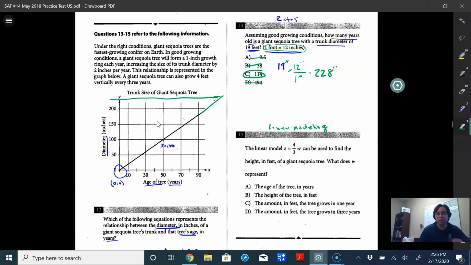And so looking through this, we're trying to understand if this can be used to find the height in feet of a giant sequoia. That would be making reference to the Z. Then we want to know, in relation to that, what would the other piece be? So if this is the representation of the height, which is the Z, then the W would have to be the age.